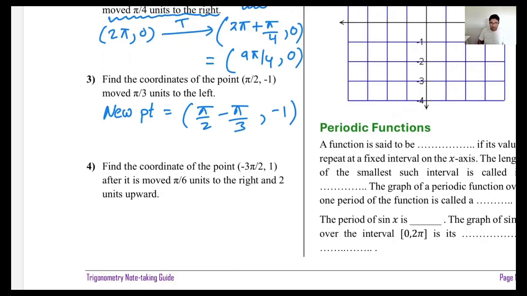Again, no change in the y coordinate. The y coordinate will change if you move the point up or down. Here you are moving the point to the left or right. That changes the x coordinate. And if you move to the left, you are subtracting, your new x coordinate is lesser than the previous one. So subtract pi over 3. And that, if you simplify again, you'll get pi over 6. Just do it. That will be the new point.